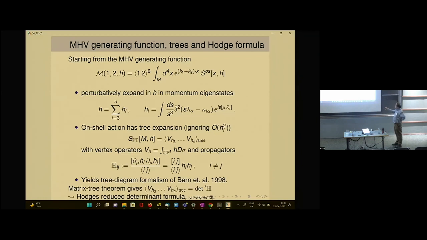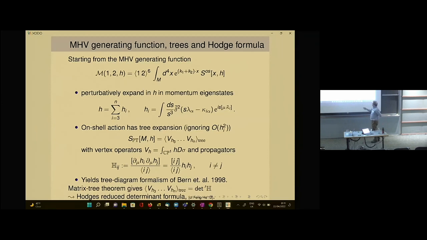And the action is such that we had the square bracket as being the kinetic term in the action. And so what you discover then is that this square bracket just pulls down the tilde momenta, and the propagators then, or the contractions that you get in this correlator, are precisely the propagators of the tree diagrams that Berends and friends, Zvi and friends, found sort of a quarter of a century ago.